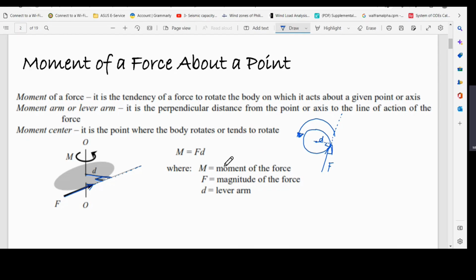Let's remember this: moment is equal to the force multiplied by the distance, or what we call the lever arm. This is very crucial in the next chapter, the analysis of trusses.